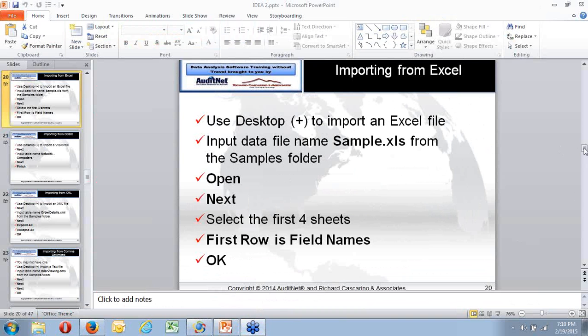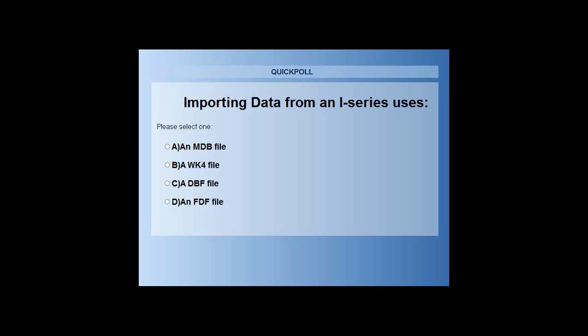If you go into the polling question, pick up polling question number 2. Polling question number 2 is looking at importing data from an I series. Importing data from an I series uses an MDB file, a workflow file, a DBF, or an FDF. All vote now.